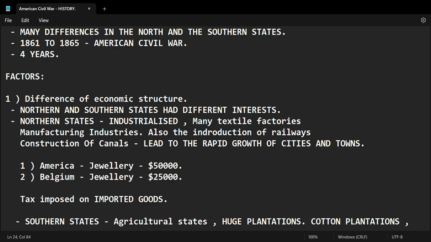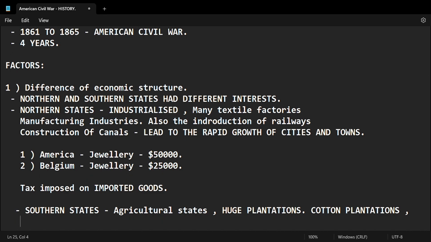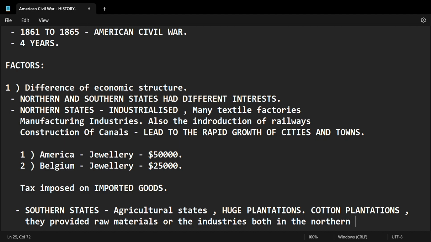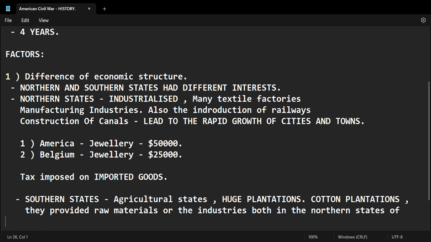Okay, so the cotton plantations provided raw materials for the industries, both in the northern states of America and England.